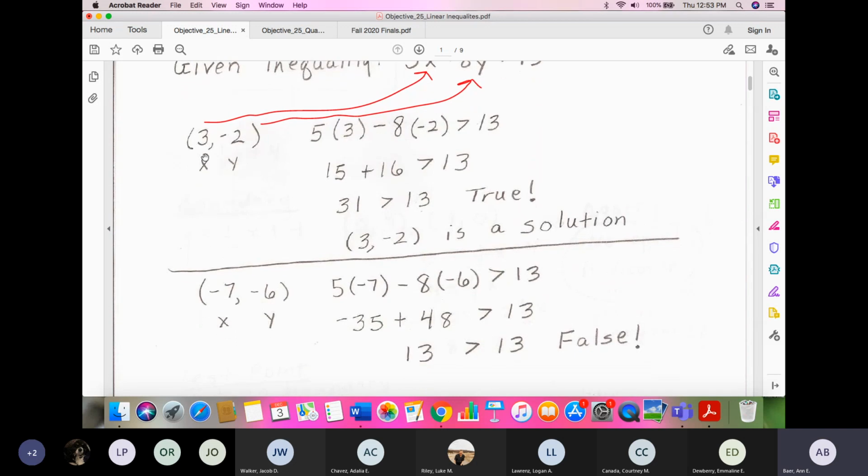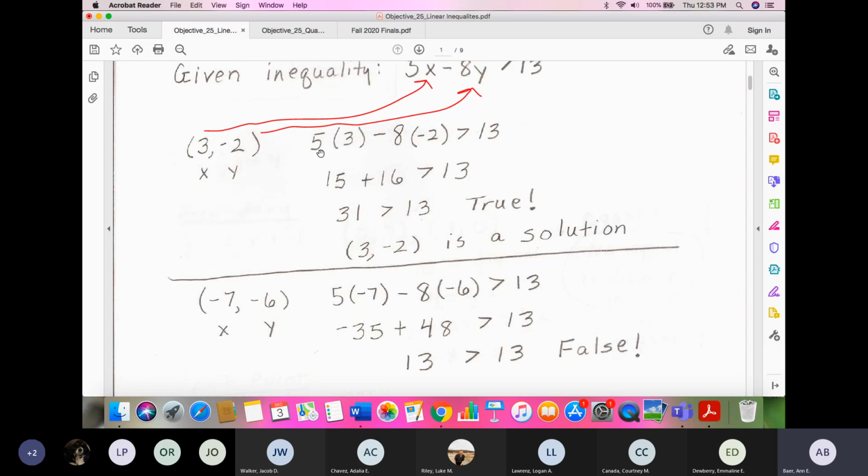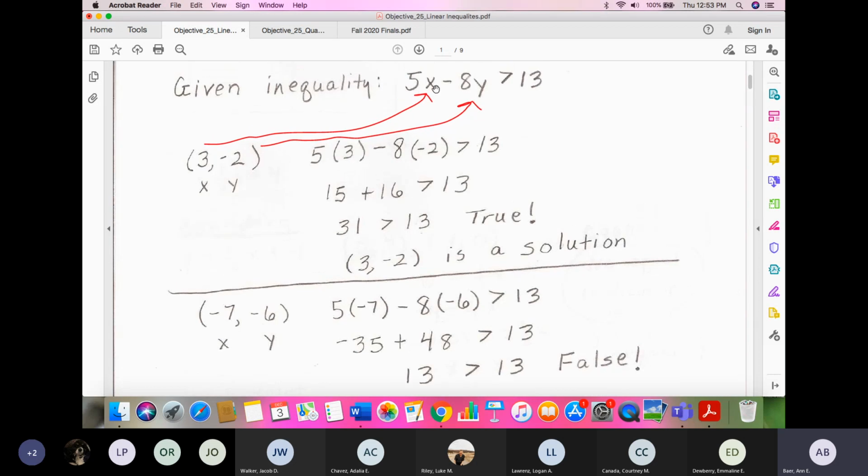The second coordinate is our y coordinate. So this would be 5, copied down. Our x is -7. So -7 is going to go in for x this time. Minus 8 times y. Our y in this is -6. So the -6 is going in for this y.